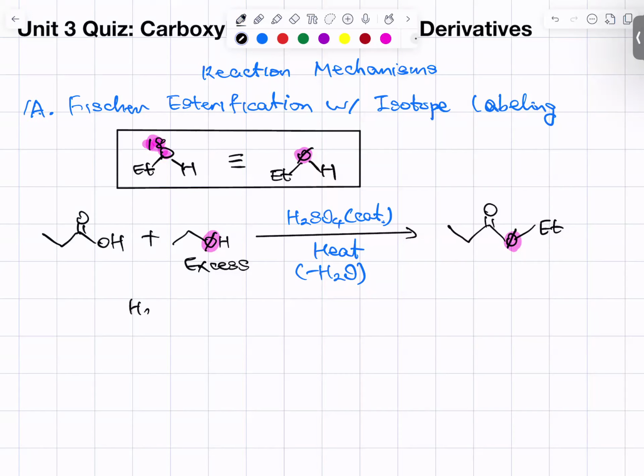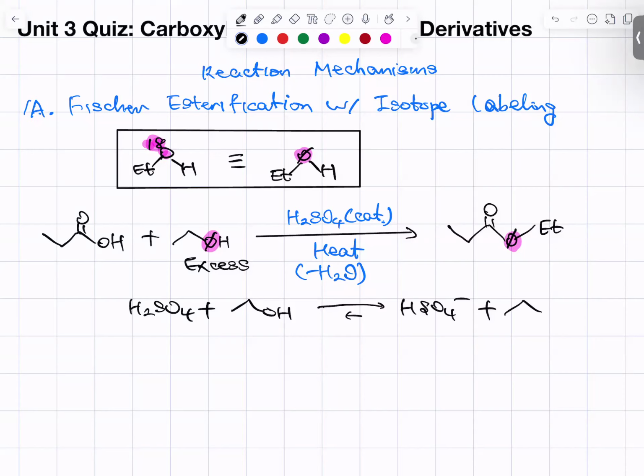Sulfuric acid will be reacting with this alcohol. Alcohol is a weak base, and it will be moving toward the formation of the product. So it will be protonating the alcohol.